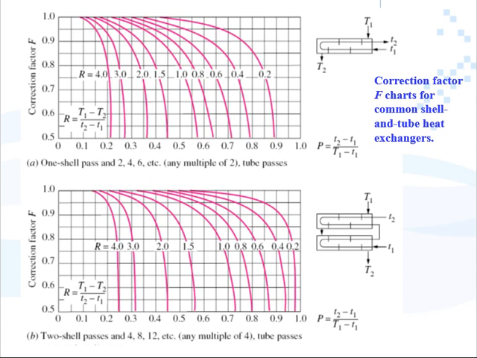If we have 2 shell passes, we first go to the right-hand side to understand what we are talking about. We find all those temperatures, and again, based on the R and P numbers that we calculated, we find the correction factor.